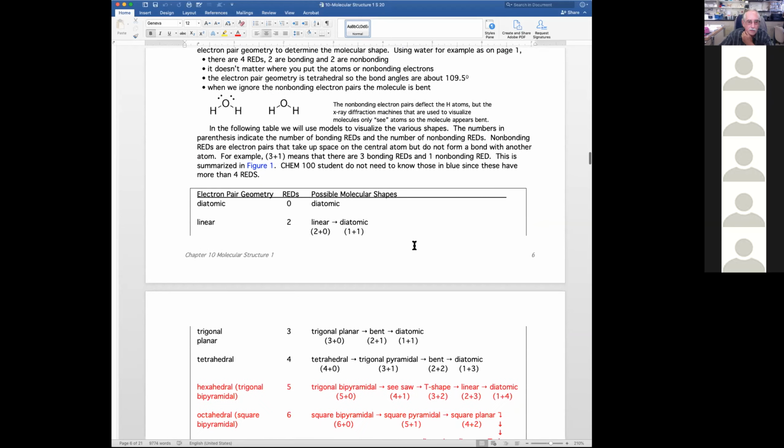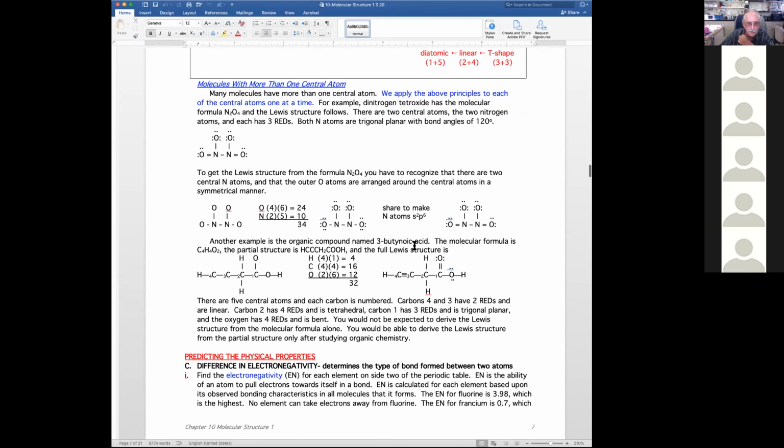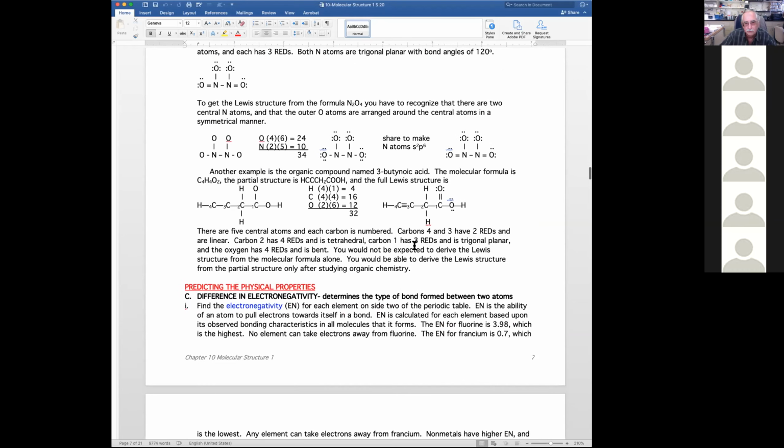Okay, so we just went through that. So looking at this molecule right here, I'm looking at carbon number 4, and I have the model of this molecule right here. Here's carbon number 4. I got 1, 2 regions of electron density. It's linear.